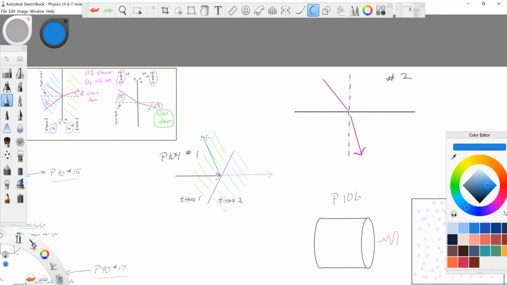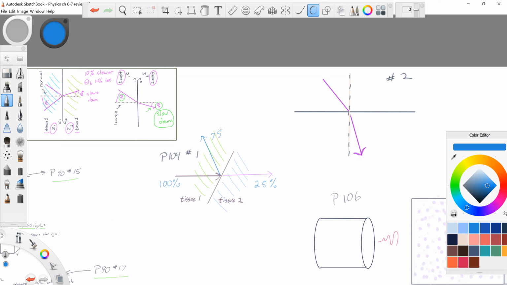Boy, this looks funny when we draw it. We draw this a little cockeyed, but I want to show you that it's not always going to be perfect for you. And what could we say? Well, if this is 100%, and it said some, that doesn't sound like much. Let's say 25% went through, then 75% reflected.